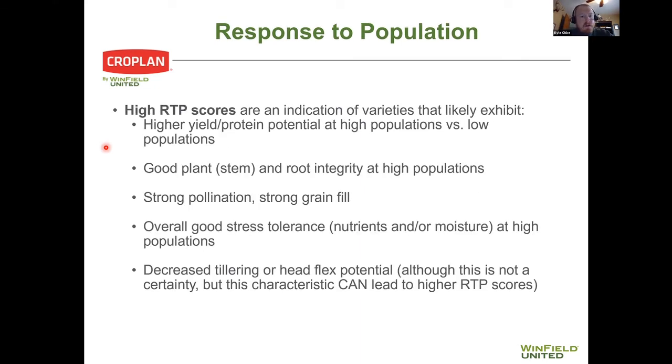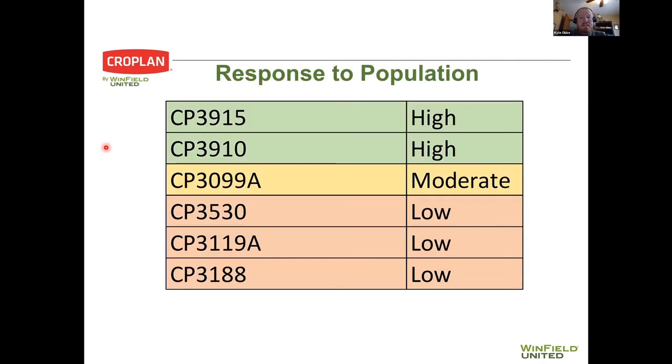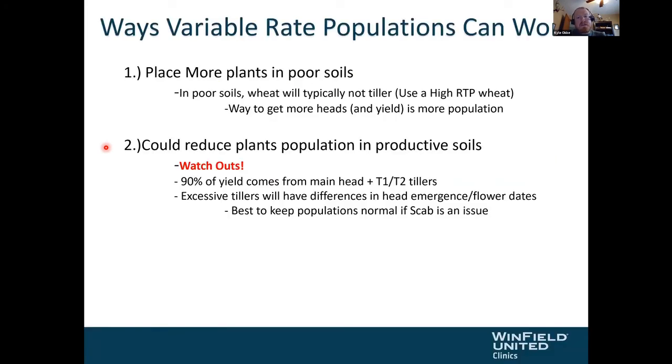So where I want to go with this is that it's all about stress. These high RTP varieties handle stress well, and these low RTP ones do not. These are just from our 2020 line that are being sold next year, so that's just how they're characterized. But here's where I want to go with this, just to keep it really simple: ways you could variable rate populations and why it could work.